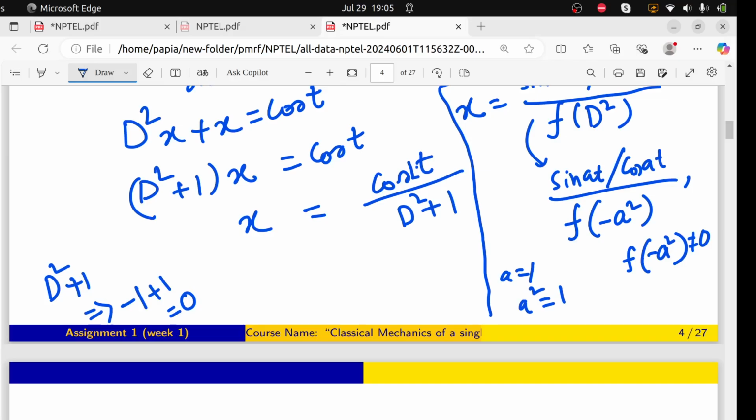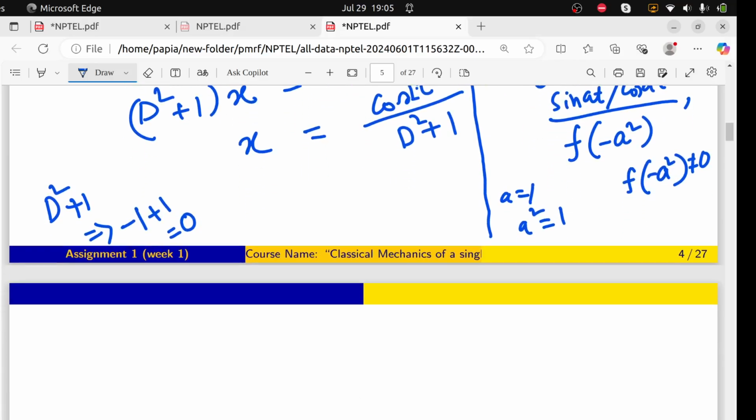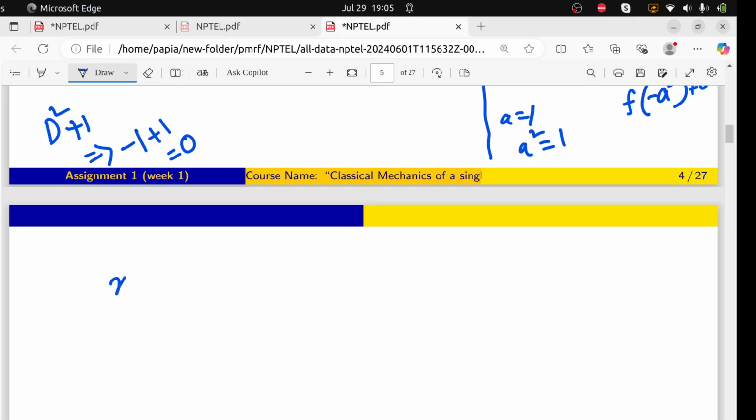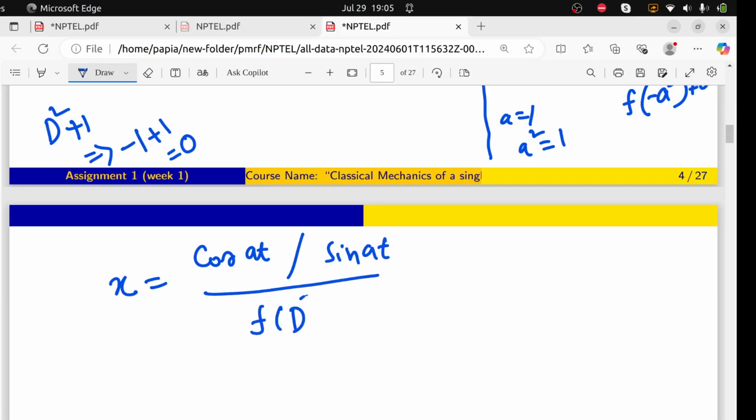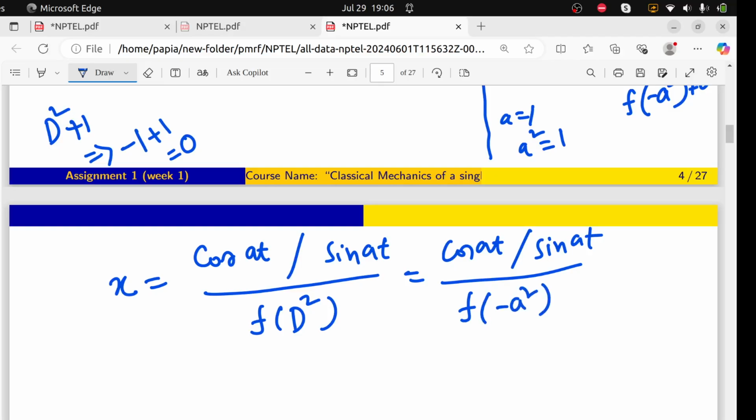Okay. So now what is the solution for this case? I am going to write again here: cos at or sin at divided by f of D square will be cos at or sin at divided by f of minus a square, provided the condition that f of minus a square is not 0.